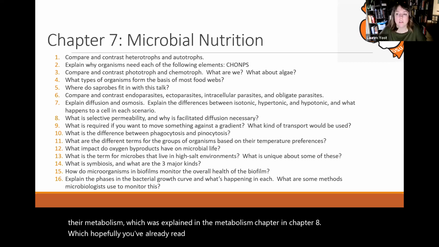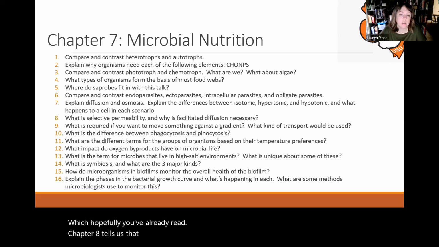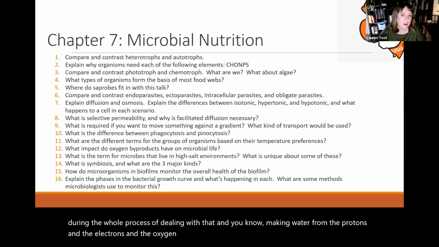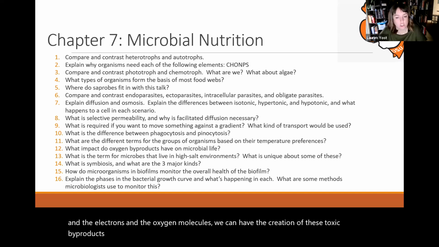Chapter 8 tells us that aerobic respiration requires oxygen as our final electron acceptor. And during the whole process of making water from the protons and the electrons and the oxygen molecules, we can have the creation of these toxic byproducts as well. And they also just exist in oxygen environments.